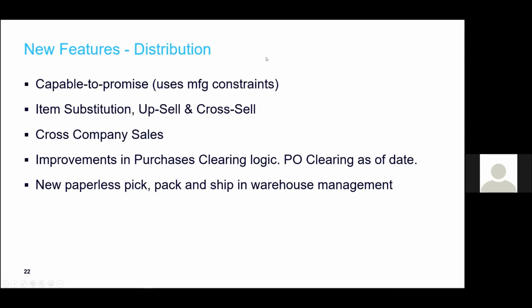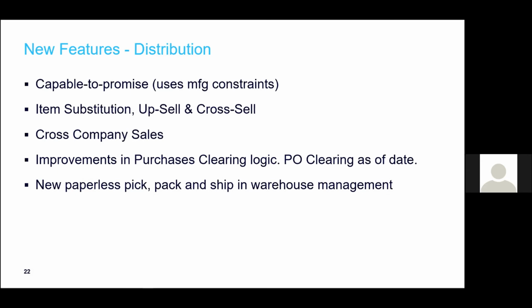New features in distribution, and one that we're super excited about. And this might apply more to manufacturing, but I put it in the distribution section. So capable to promise is an old term, and that term means that me as a customer, I'm calling up somebody to order a product at your business.